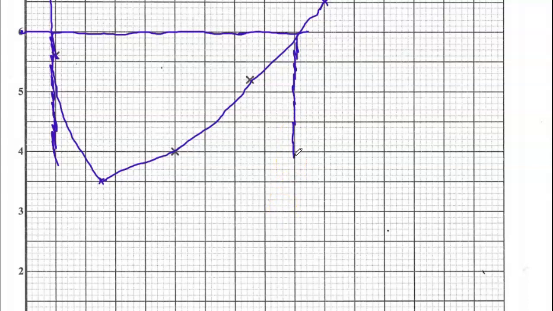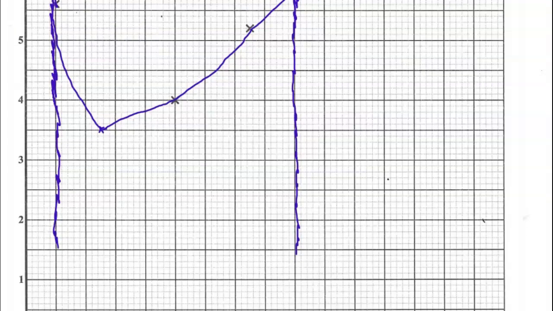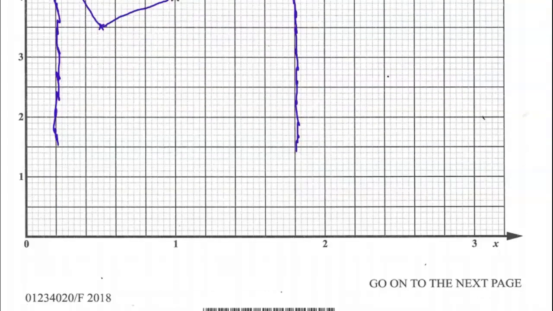I must come down here, and there's an approximation. All right, there's an approximation. I guess your graph will be smoother than mine. So if I should come down here, approximately.